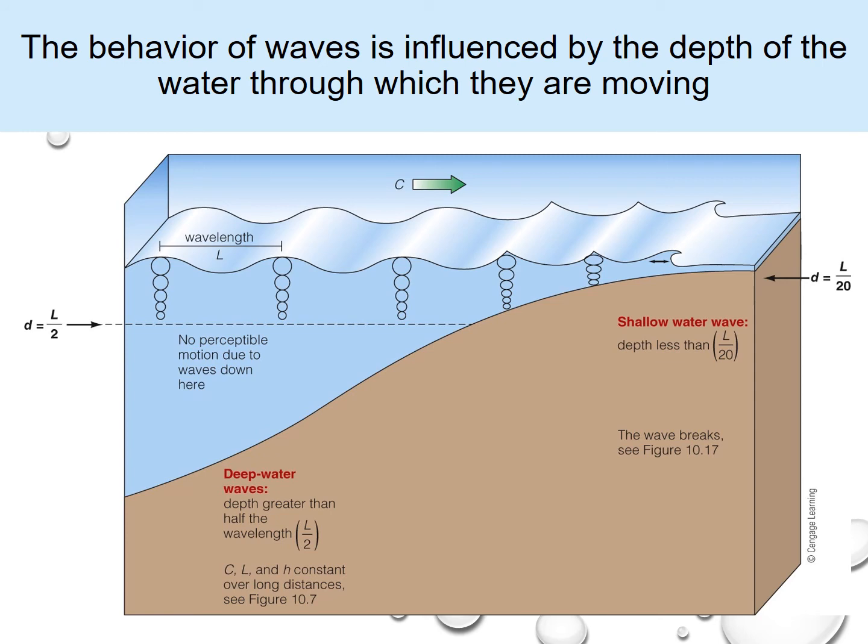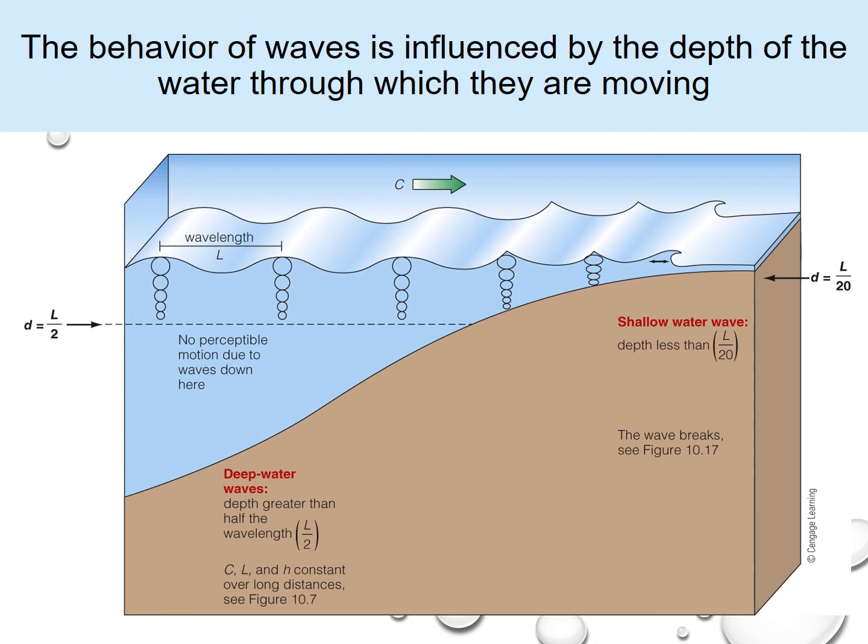So the behavior of a wave is influenced by the depth of the water through which it is moving. So again, find that dashed line. This is the depth where the wavelength is 1/2. When the wave travels in water that is deeper than 1/2 its wavelength, we call them deep water waves.